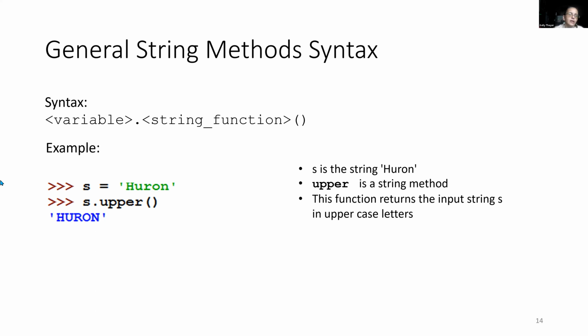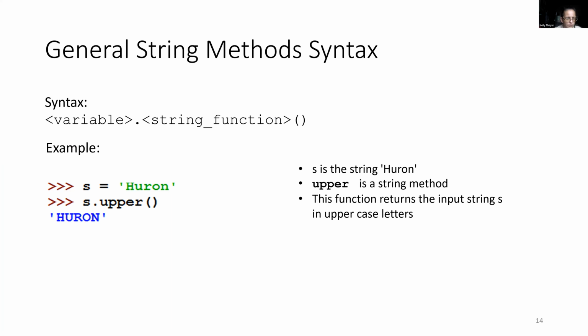So the general string method syntax is the variable name, dot, and the string function with the parentheses. This is what we call the dot notation. This works with things that are programmed into Python as a method, which means it's encoded in a slightly different way.